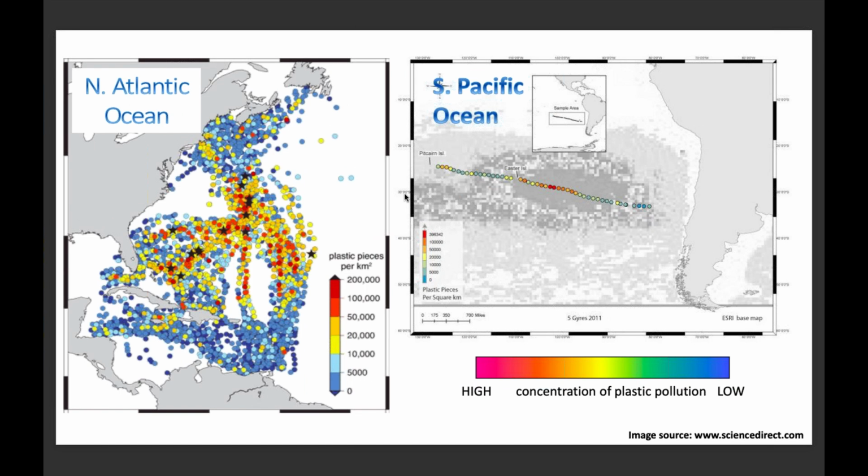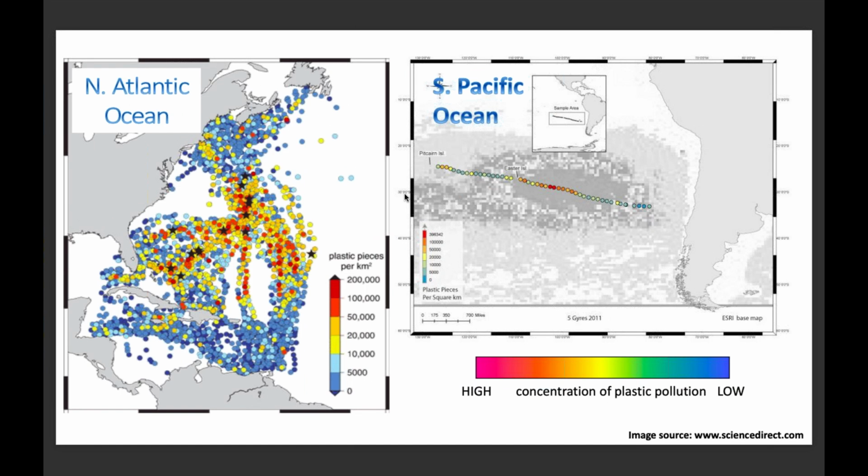What you see here is that, contrary to the belief that the coastal regions have a large amount of plastics, the offshore regions have more concentration. That is understood from the previous slides: the coastal currents and the eddies emanating from these currents are transporting these plastics to the offshore regions.